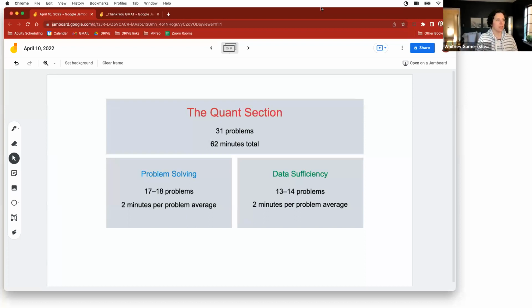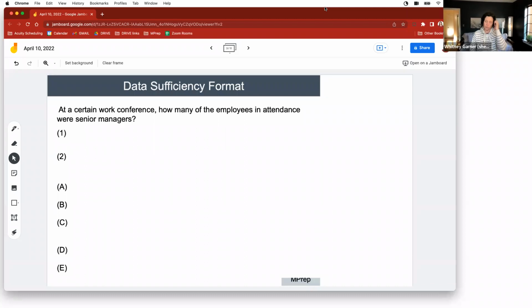So a little bit about data sufficiency, because that's the weird one. That's the one that people, unless you've studied the test, are not at all familiar with. Data sufficiency will have, let's call it, 3 basic pieces. The first piece is the question itself.